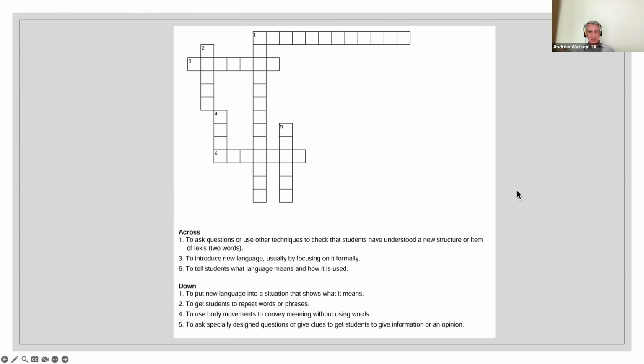What do you think number one is? Ask questions or use other techniques to check that students have understood a new structure or item. What could that be?